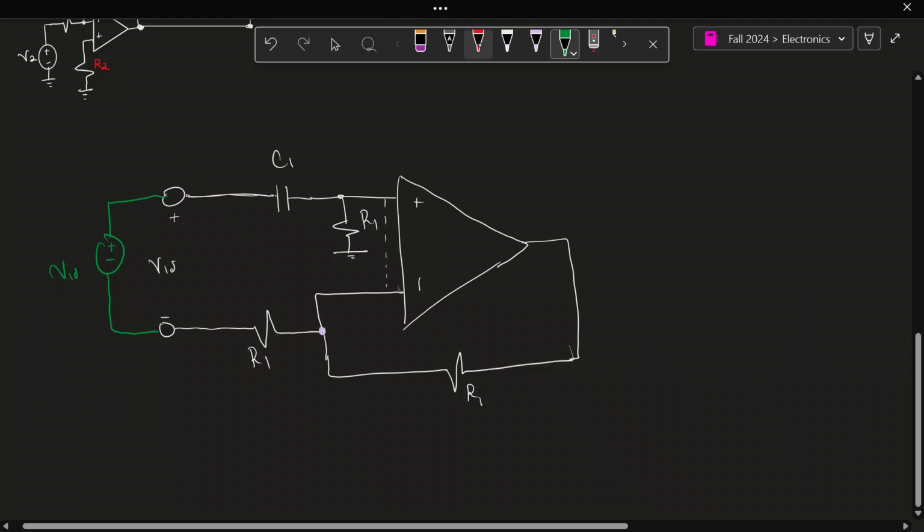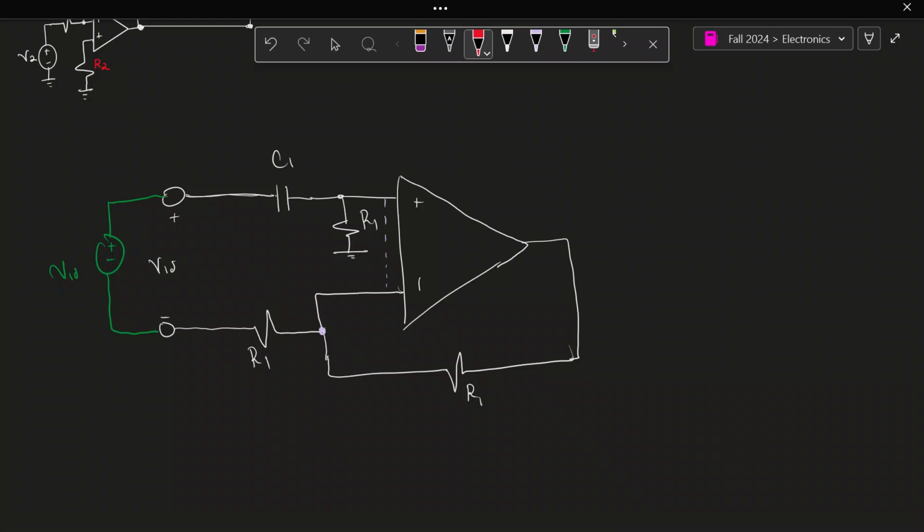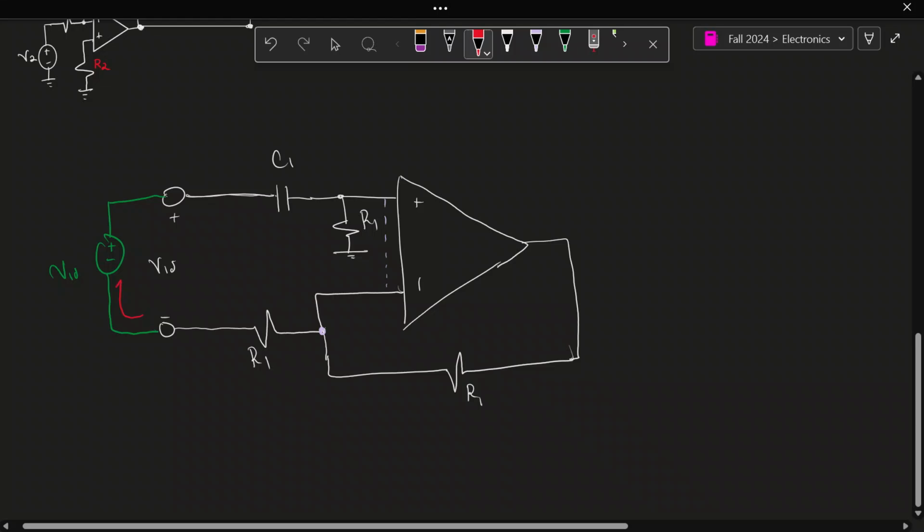But what do we know about this voltage source? Well, we know that there's some input current, IN, right? And because we have a difference voltage source, this is still IN. We know this is IN still, since this is zero current.